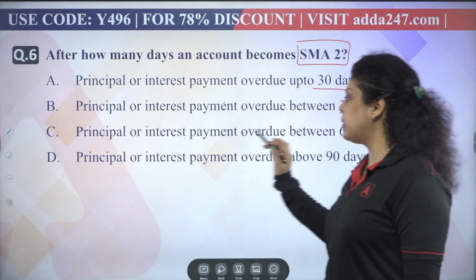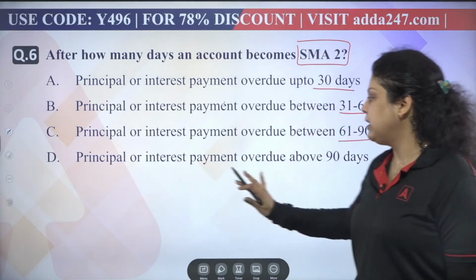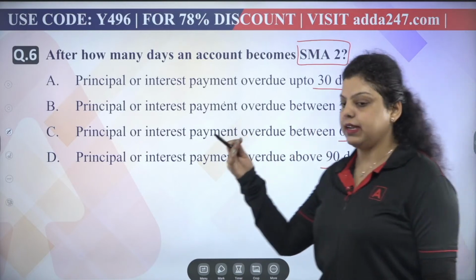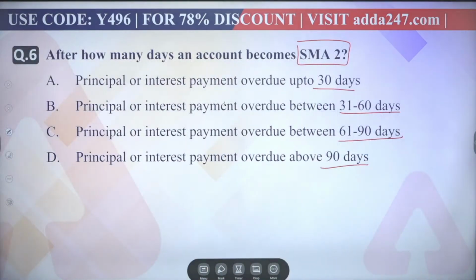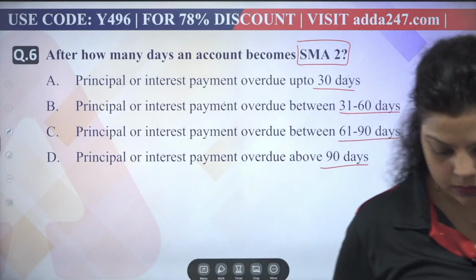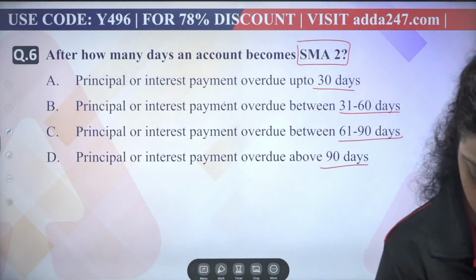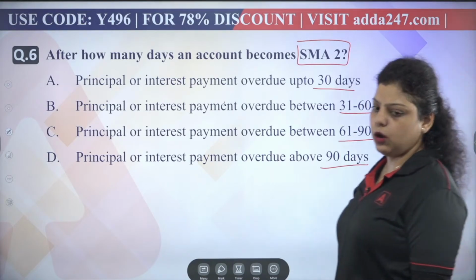Between 61 to 90 days? Or above 90 days? Which of the following will be the right answer? A, B, C or D?